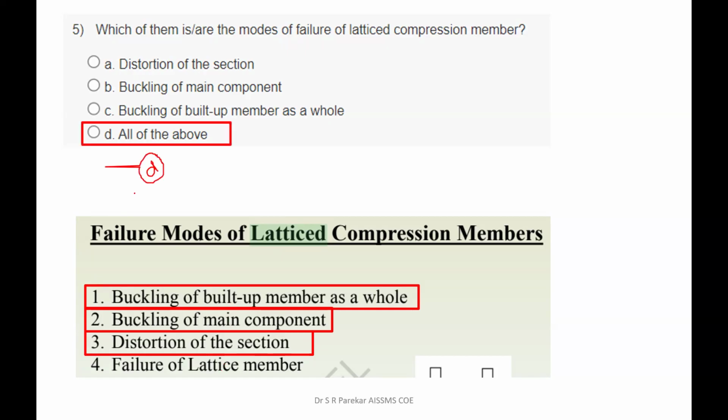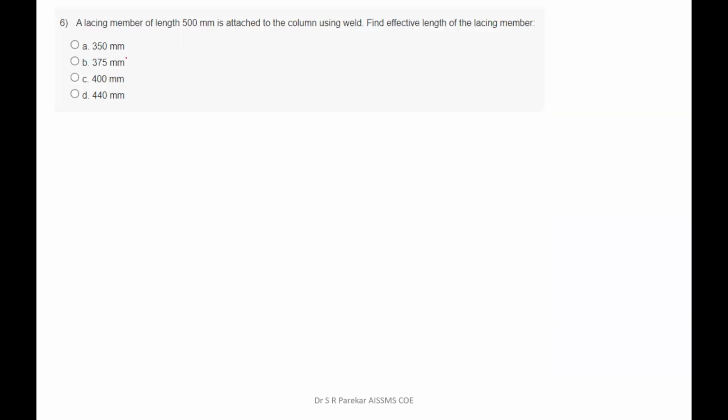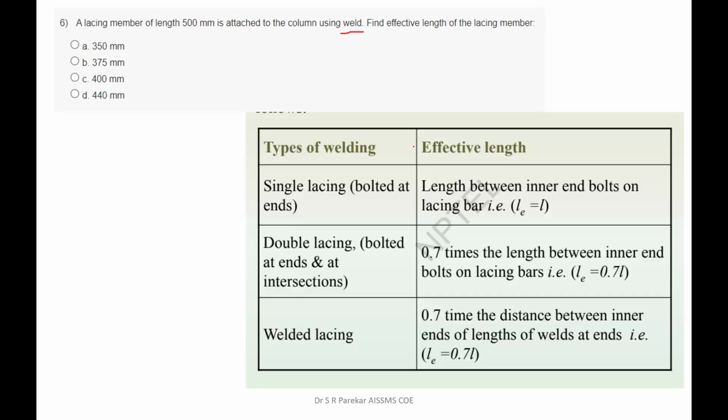Then go to sixth question. A lacing member of length 500 mm is attached to the column using weld. Now this is most important, using weld. Then find effective length of lacing member. So now we have these types of connection and effective length. First is bolted single lacing, double lacing, bolted at ends and intersection.